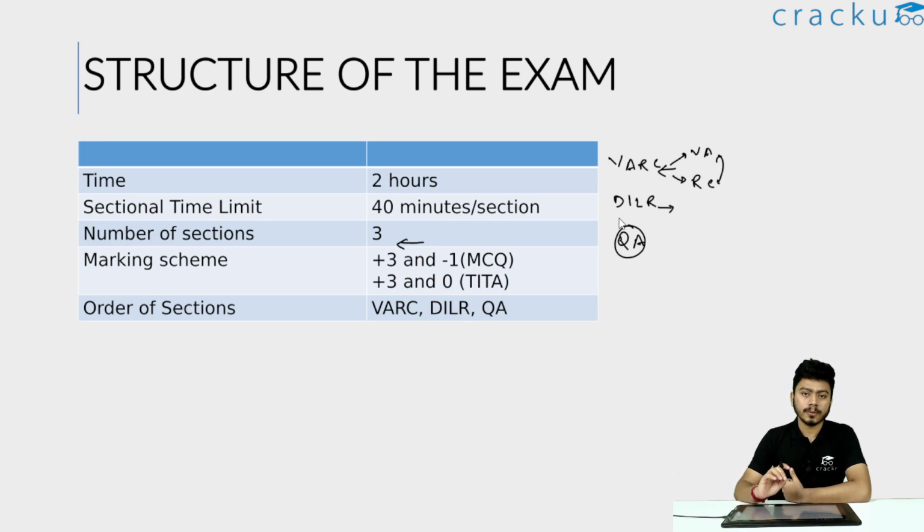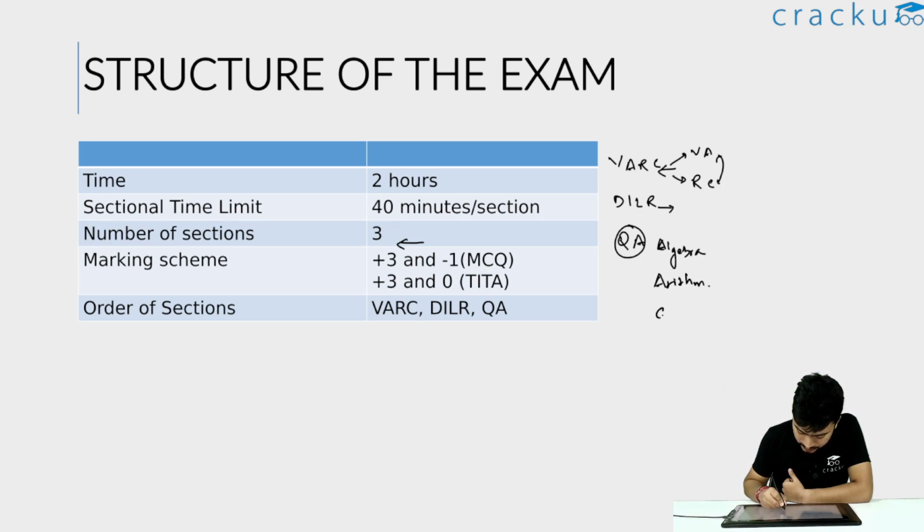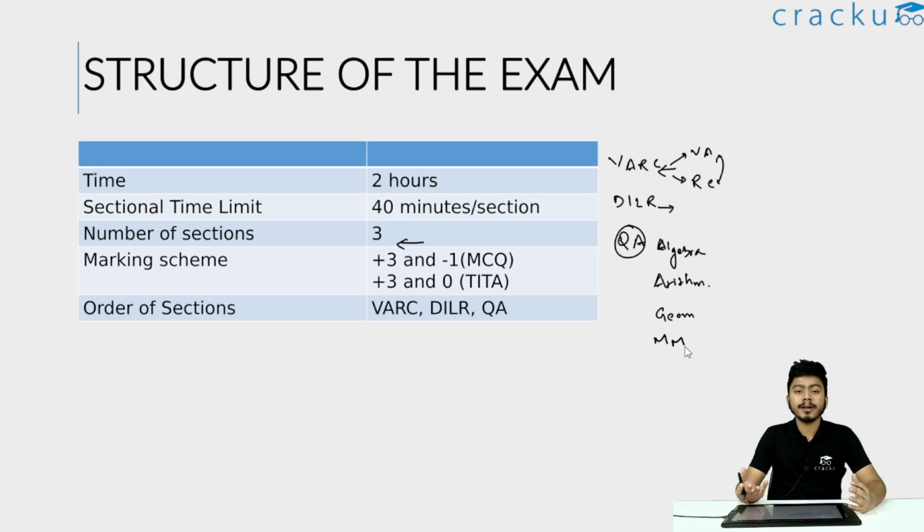It has a list of topics which are categorized into algebra, arithmetic, geometry, and modern maths. So there are a lot of topics, like arithmetic might have profit, loss and interest, time, speed, distance.